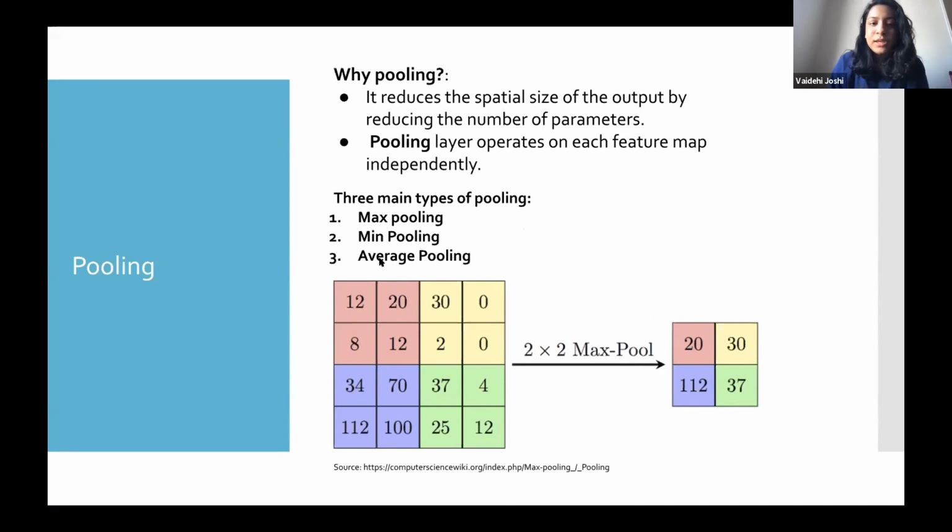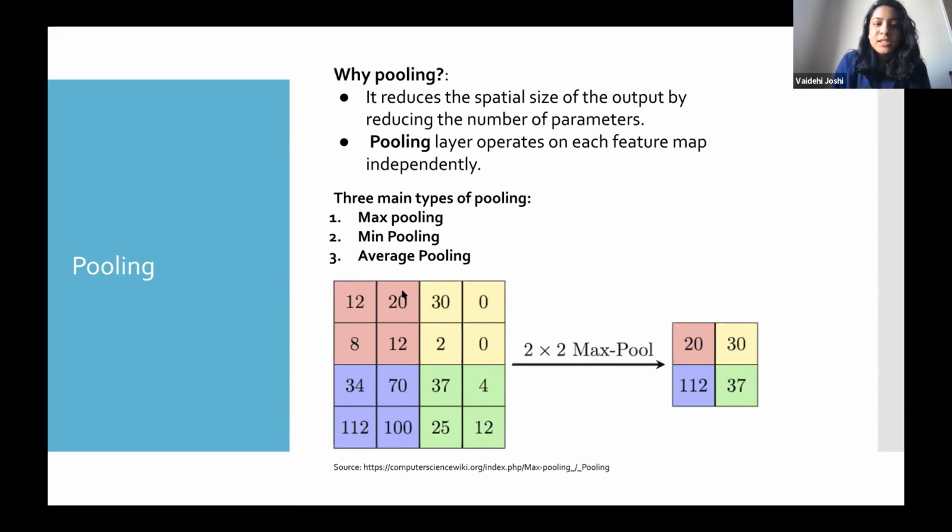Second is min pooling. In min pooling, instead of taking the max, we are going to take the minimum of that value. So instead of 20, it would be 8 in this case, and so on. One important concept is that wherever a kernel is applied on an image, that particular region is called a receptive field.